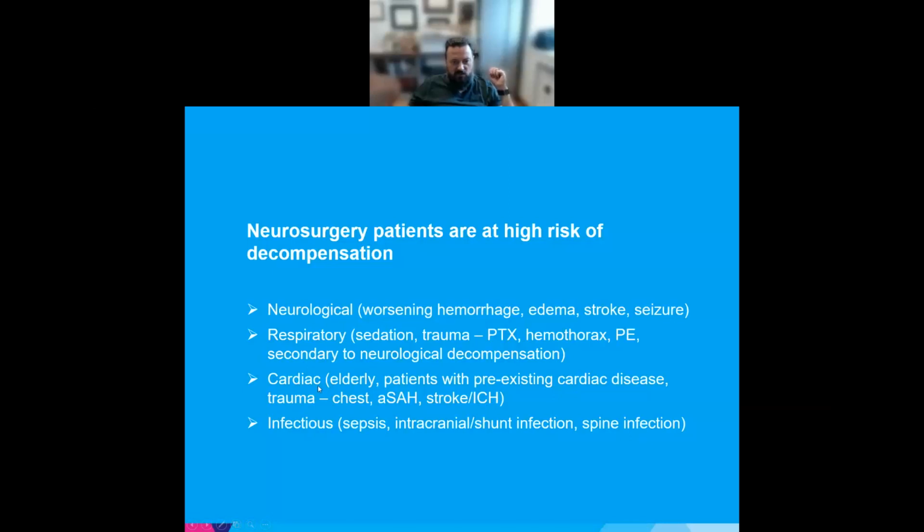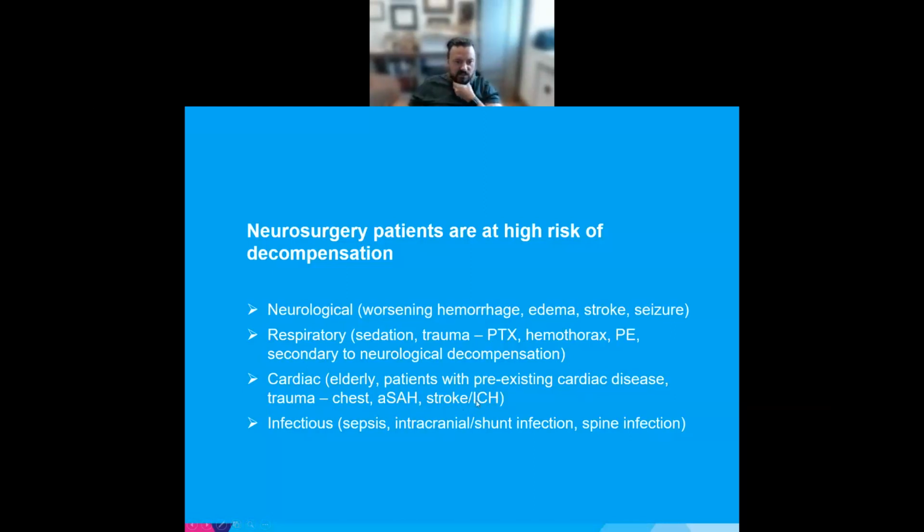We also, as the population is getting more elderly, have more neurosurgery patients that are elderly, and we have more cardiac risk. So we have patients with pre-existing cardiac disease, patients that have been on antiplatelets or anticoagulation, patients that may have chest trauma. Aneurysmal subarachnoid hemorrhage patients often can have cardiac issues related to the sympathetic outflow from their hemorrhage. Same with trauma patients.